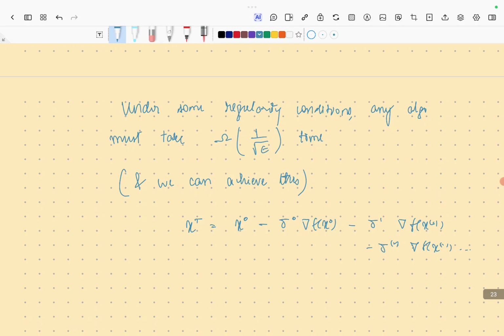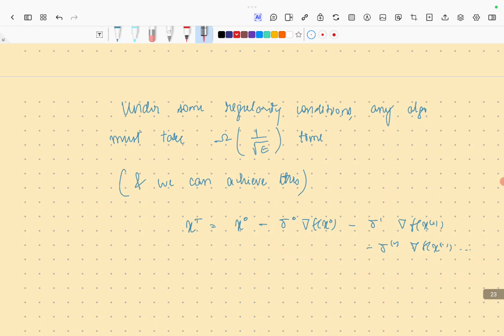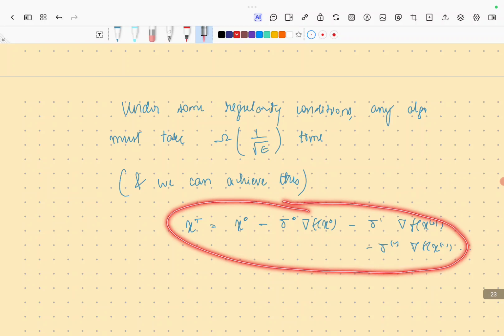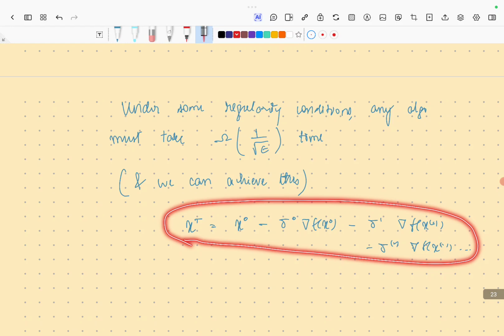So this whole thing is a linear combination of t vectors. So xt can basically lie in some t dimensional subspace that includes x0, right? And that's one key idea behind the proof. So basically this restricts how far you can be from x0.